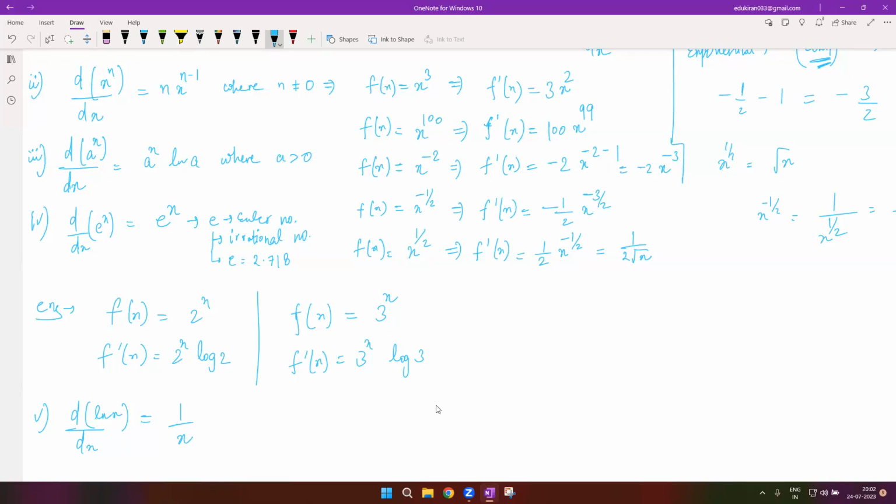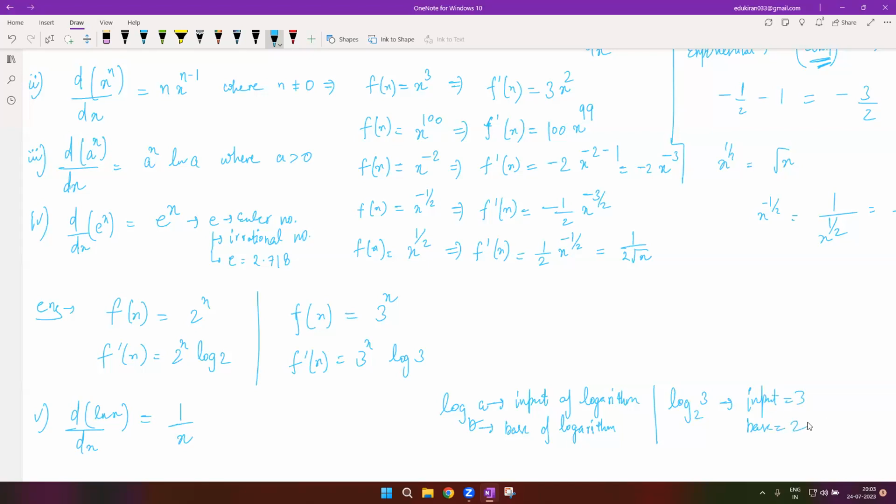But before this, first understand, whenever we write log, there are two components of log. Log a to the base b: a is known as the input of the logarithm, and b is known as the base of the logarithm. Like if I write log 3 base 2, the input is 3 and the base is 2.